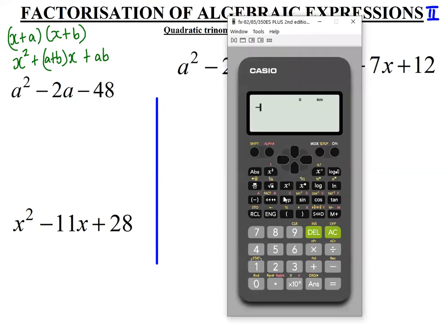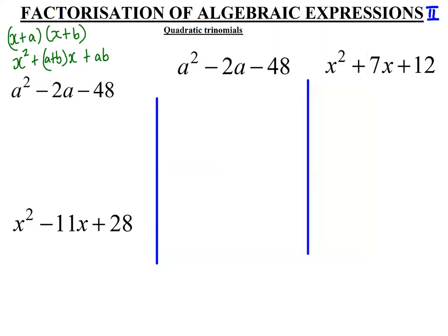We know that 48 divided by 12 is 4. But if we say 12 minus 4, we get 8, so these two factors we don't need. What other factors can we have?